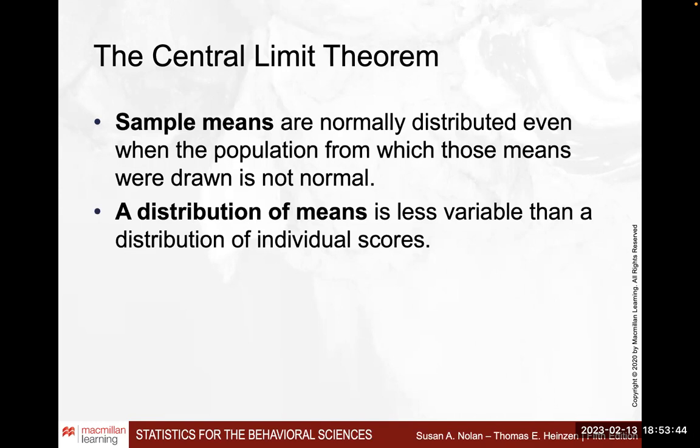So when you have happiness, and this is a very widespread happiness, and there's a lot of variability in the population, and you're drawing 100 different samples and you get 100 different means, you get a lot of variability also in your means because it's drawn from a variable that is very variable. And it's generally less variable than individual scores.